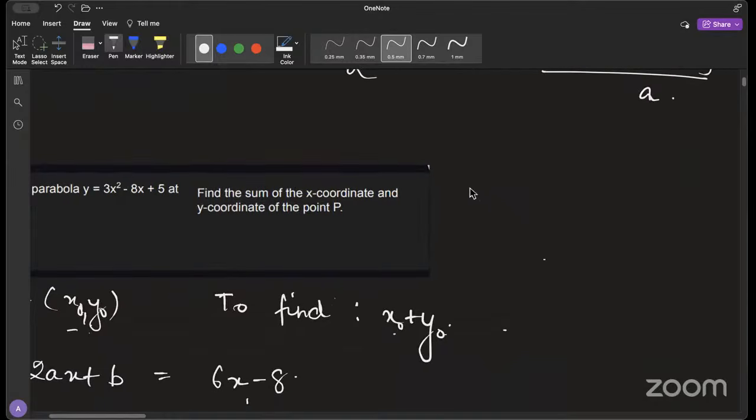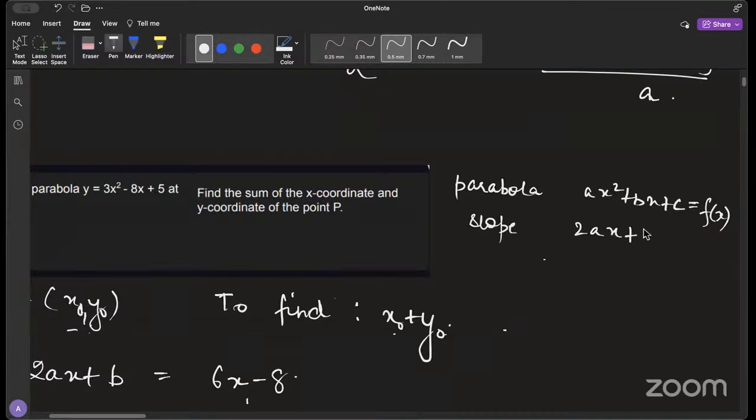So if your parabola is ax square plus bx plus c equals y, let's say, and this is your function, then the slope of this parabola is given by 2ax plus b.